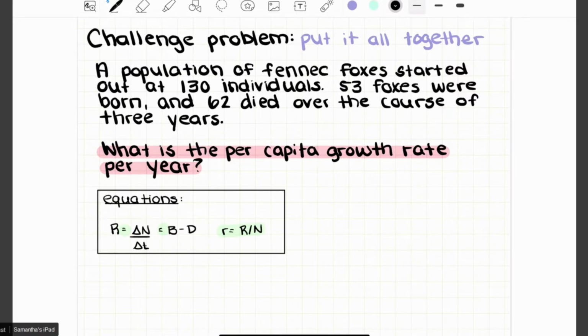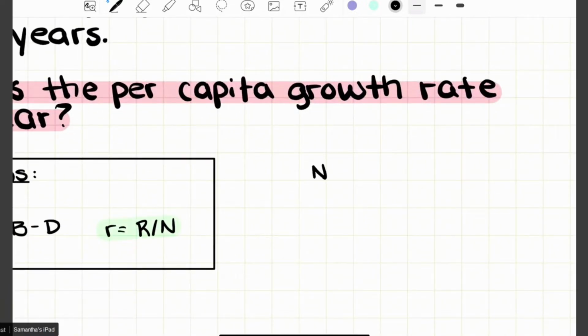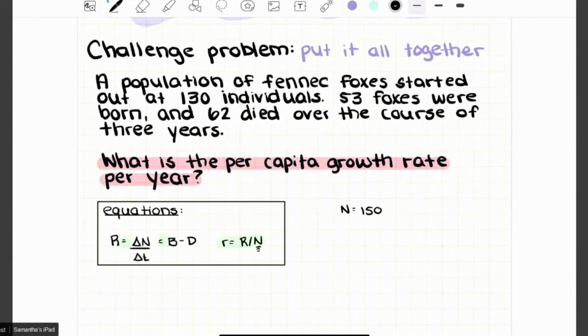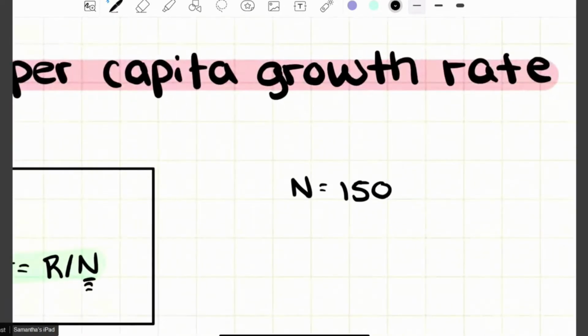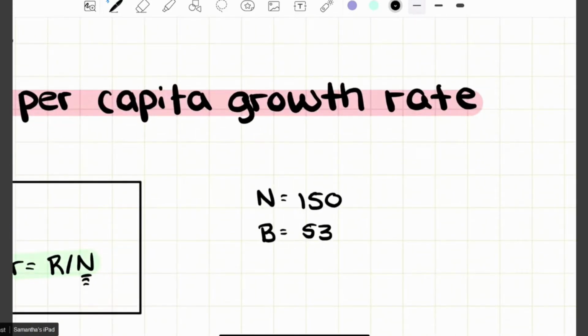All right, the way that I like to start any problem is to define my variables. We know that our starting population, N, which is what we're interested in here, is equal to 150 foxes. Great. Now 53 were born, so that's B. Then we know that 62 died.